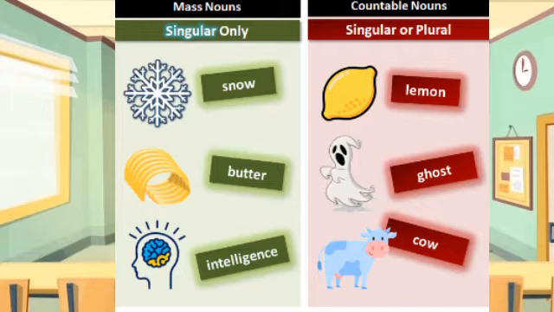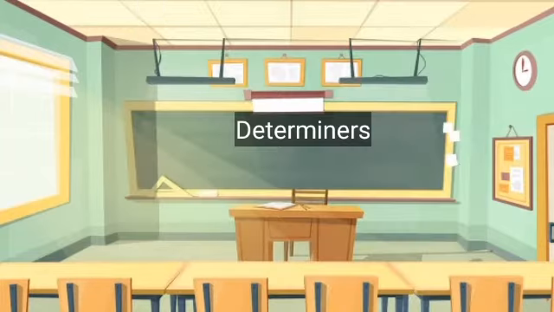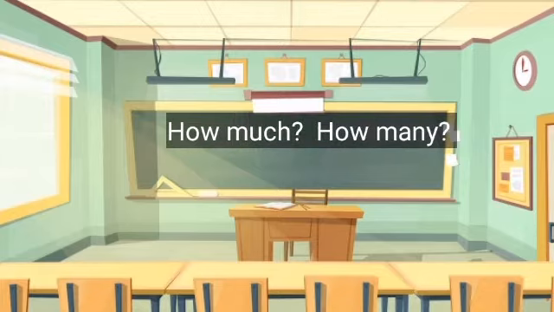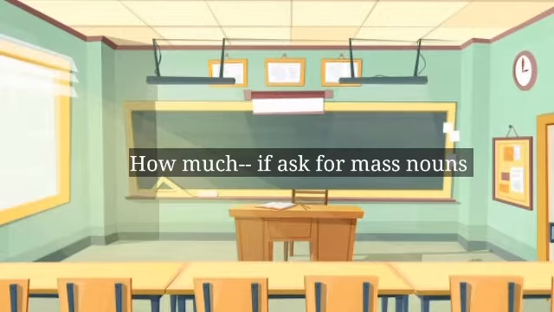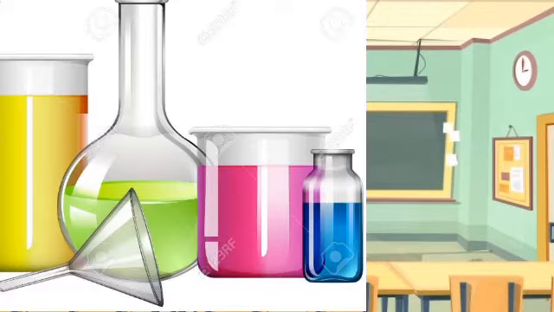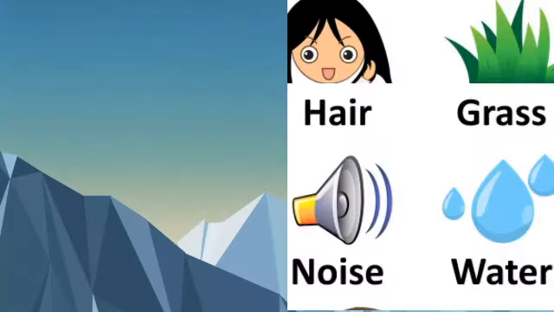be counted by numbers, especially in addressing the question, how much and how many? We will use the question how much in asking about the amount of mass nouns, such as substances, mass forms, or abstract ideas.